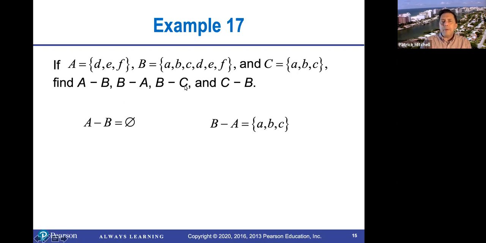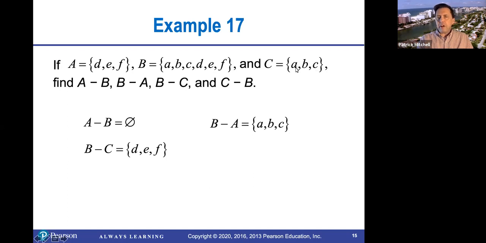When we do the complement of C relative to B, let's see, we're looking at what's in C and throwing out stuff that's also in, no wait, I got that. We're looking at B and throwing out the stuff that belongs to C. So we have to throw out A, B, and C, and we're gonna keep D, E, and F. And then the other way, this last one is gonna be kind of similar to the first one, isn't it?